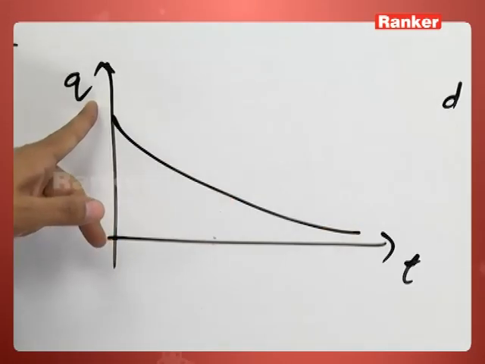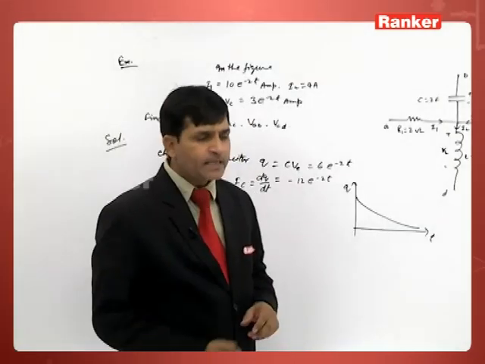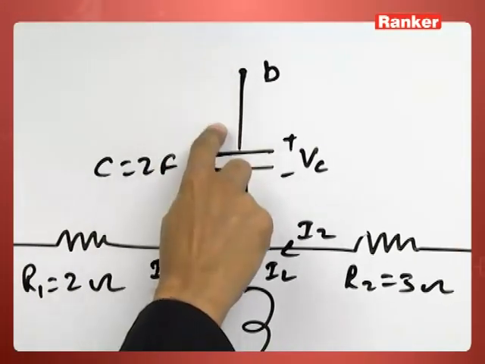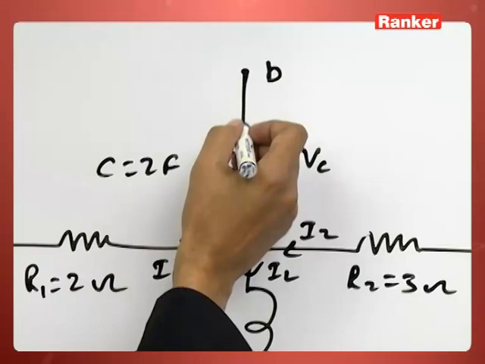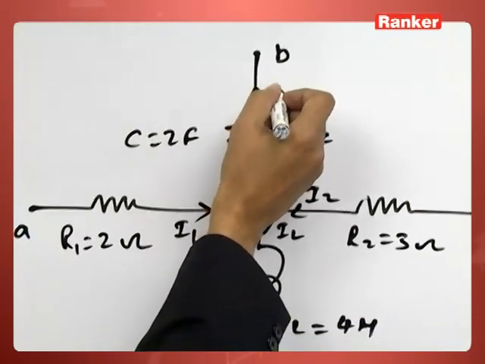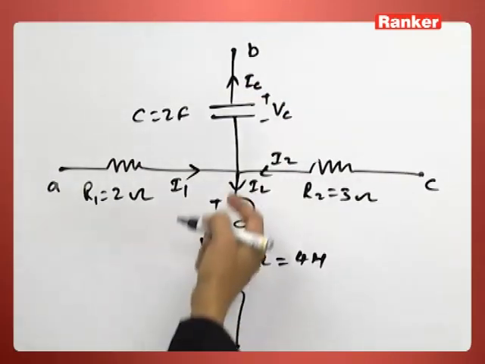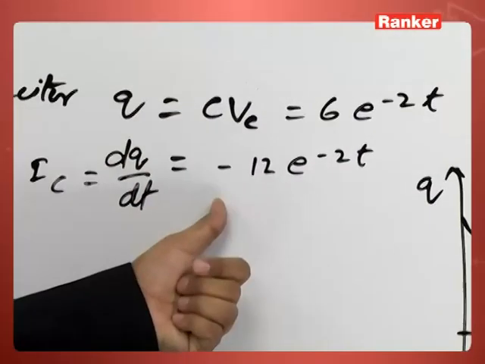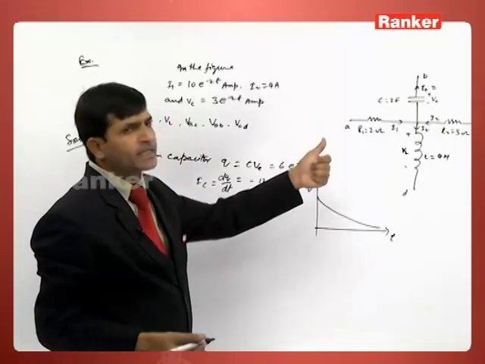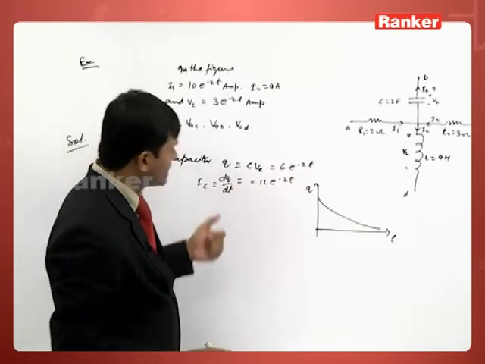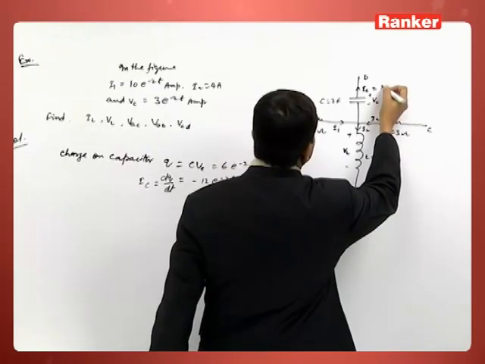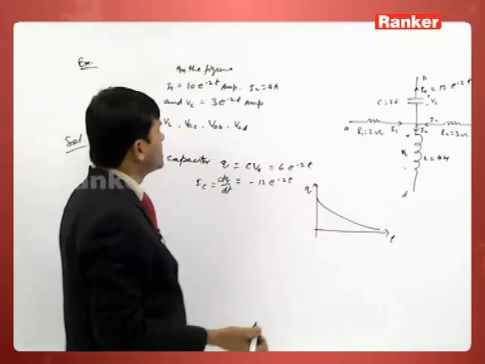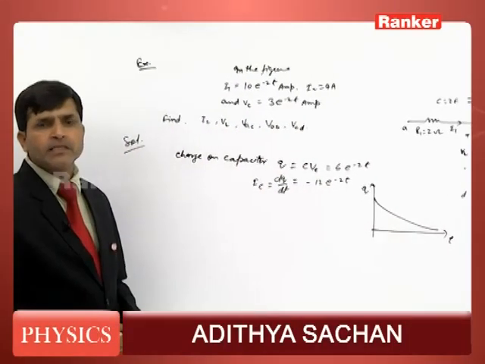It indicates the charge on the capacitor is decreasing, which means positive charge is flowing in this direction. The direction of flow of positive charge is the direction of IC, and the minus sign only indicates that the charge is decreasing. Once you have defined the direction, there is no need to keep the negative sign. So IC is written as 12 e to the power minus 2t. This is the current in the capacitor branch.